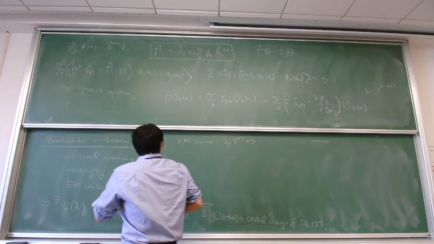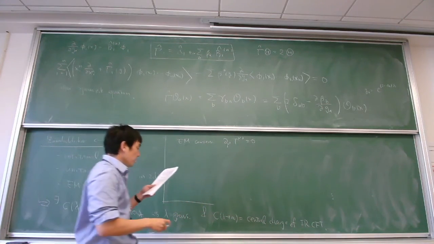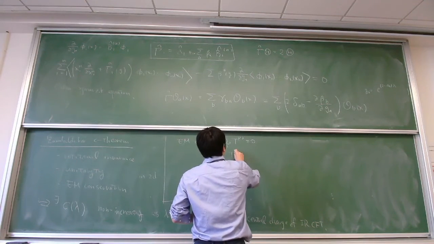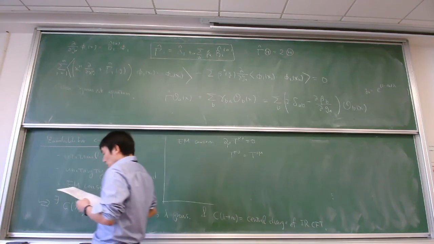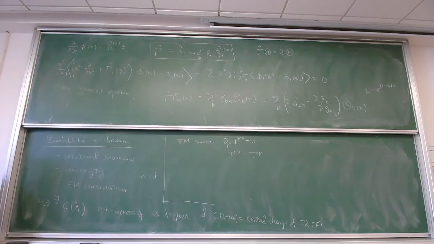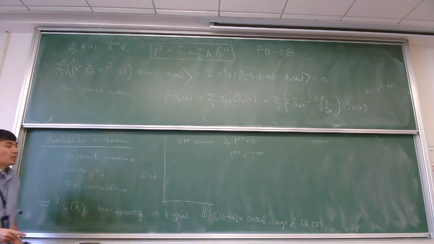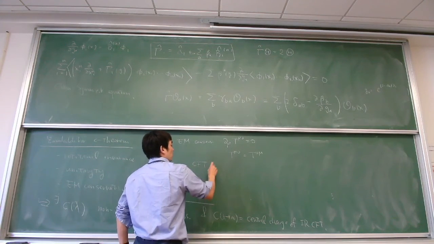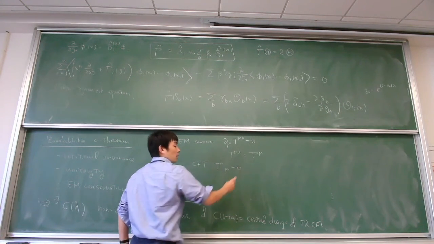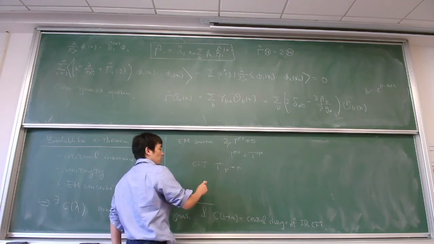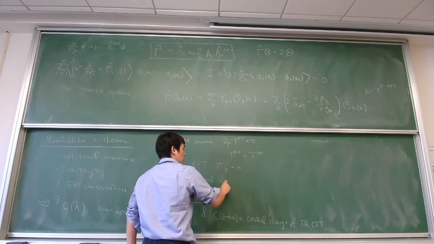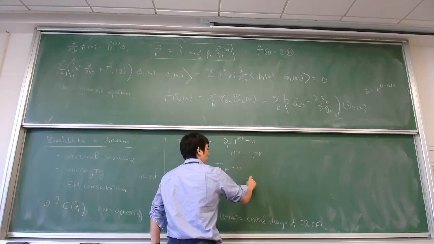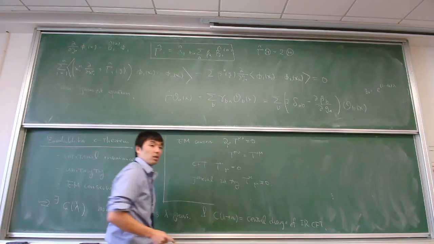And T mu nu is symmetric. However, in a general two-dimensional field theory, it's no longer traceless. In a CFT it has to be traceless, but in a general 2D theory, the trace T mu mu is not 0.